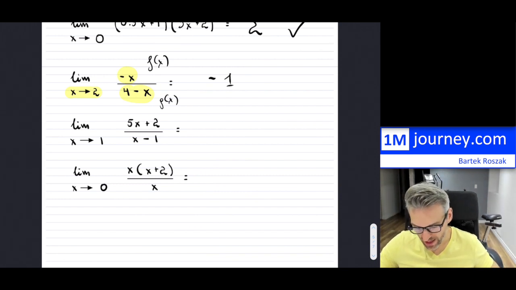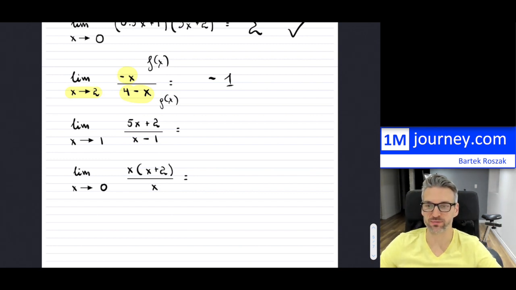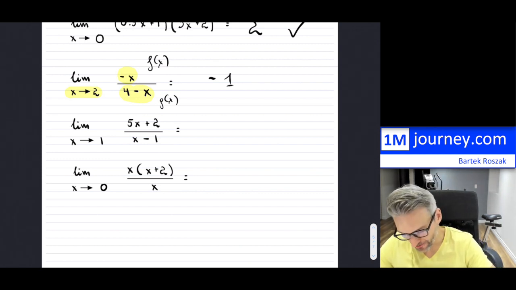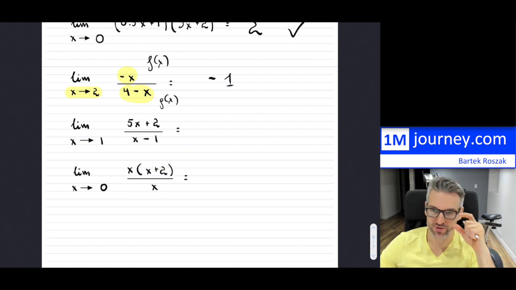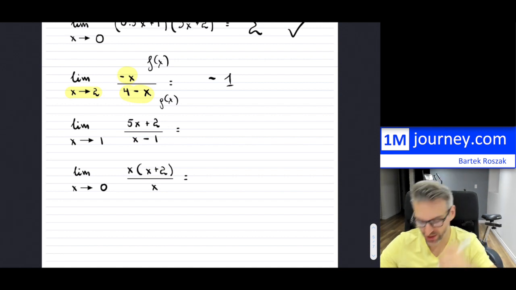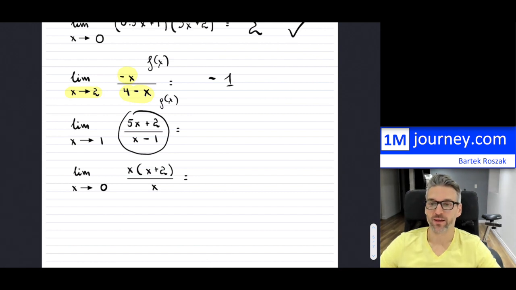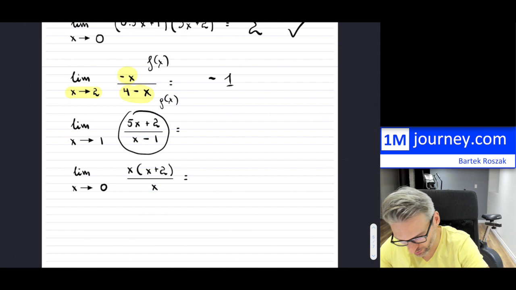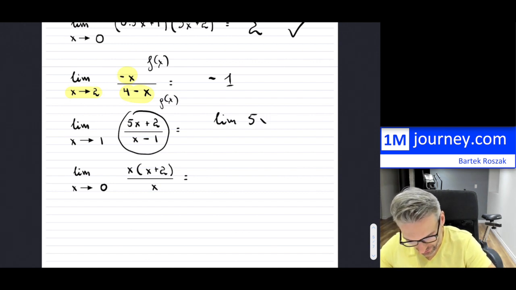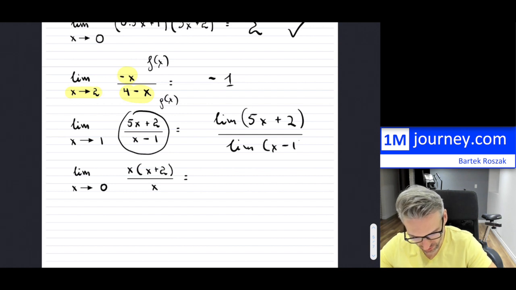Now, on the next one, we do run into a problem. Notice that in the denominator, x minus 1, this function is actually not defined at 1, because it would be 0. And indeed, we would run into a problem, because we would get the limit of 5x plus 2 all over the limit of x minus 1.